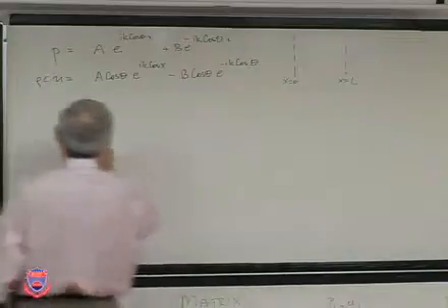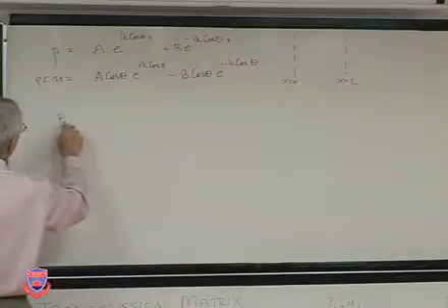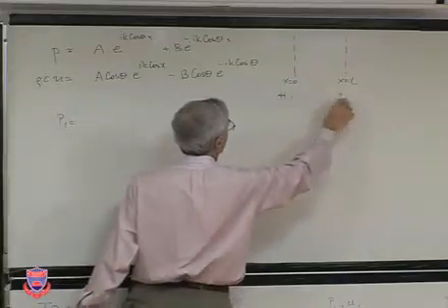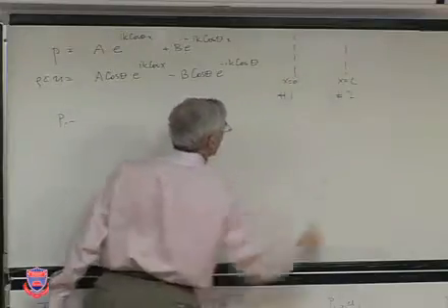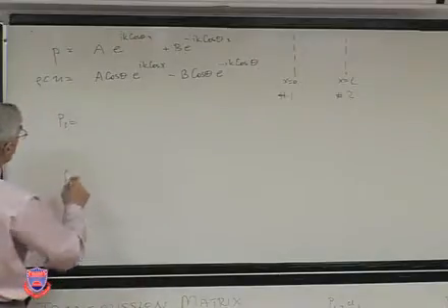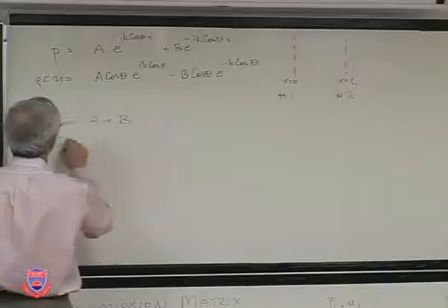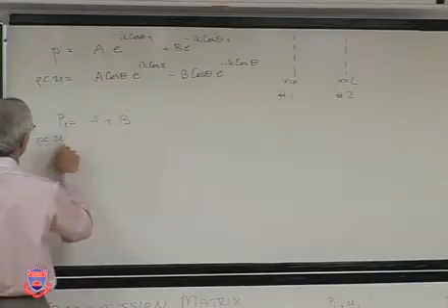And if we evaluate, let's say, pressure at position number 1, then we will write the expressions for position number 2. A plus B, rho C U1.